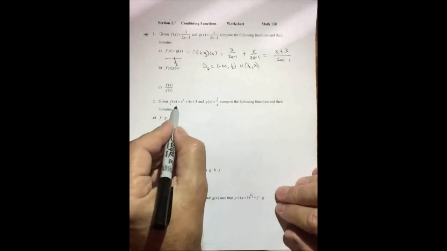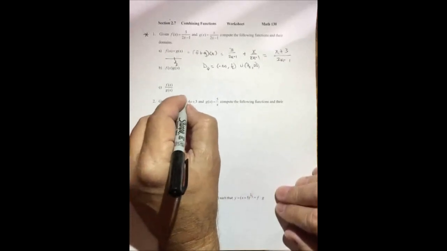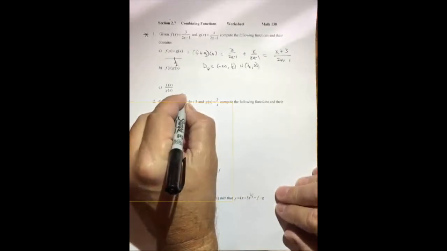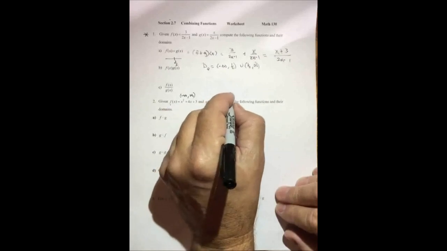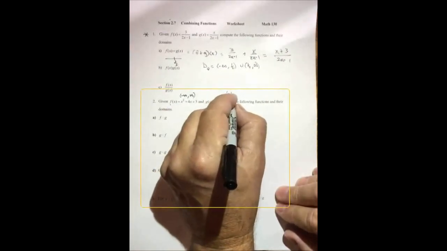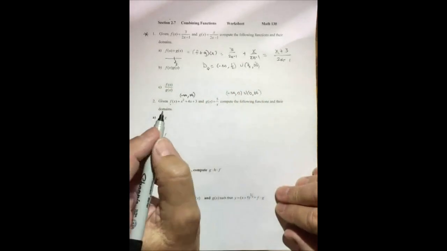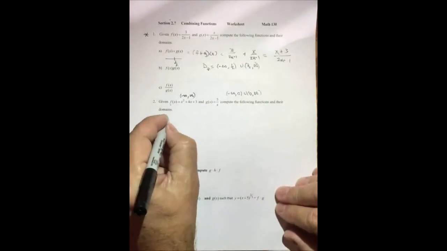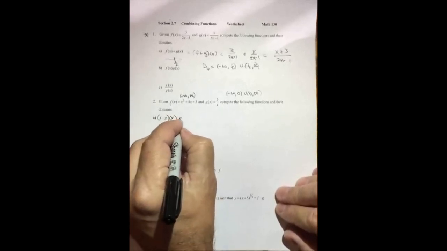So it says, given these two functions, compute the following compositions and state the domains. So right away, the domain of f is all real numbers. It's a polynomial. Now the domain of g is going to be everything but 0. Okay, so let's do f of g, and this should be written like this. I have no control over whoever did this. Now what does this mean?